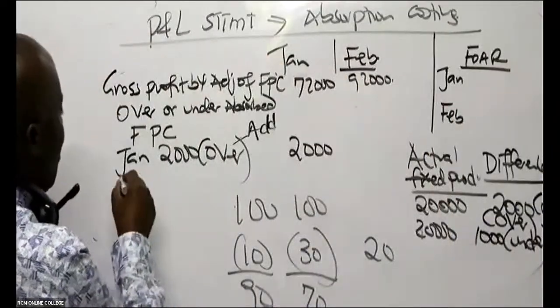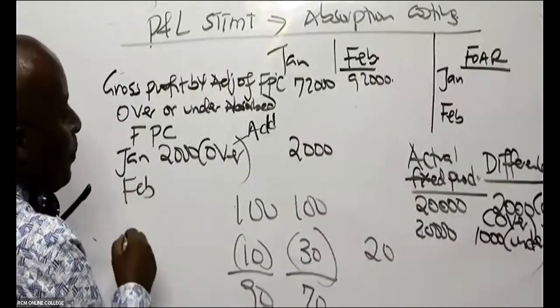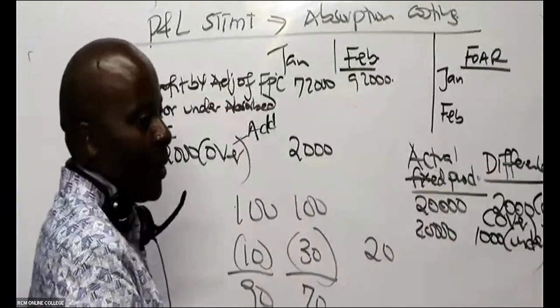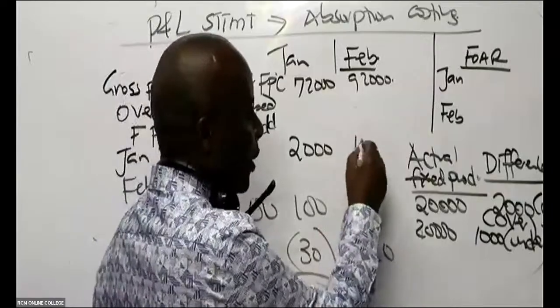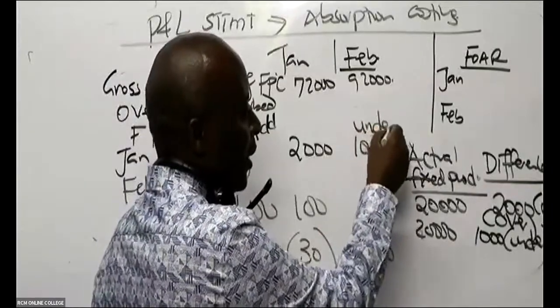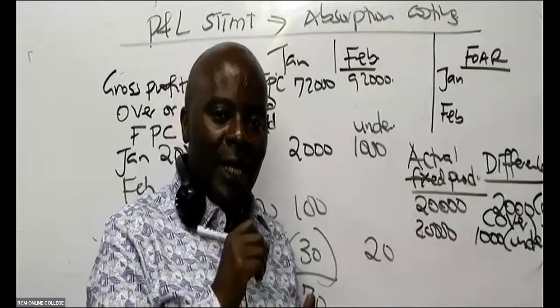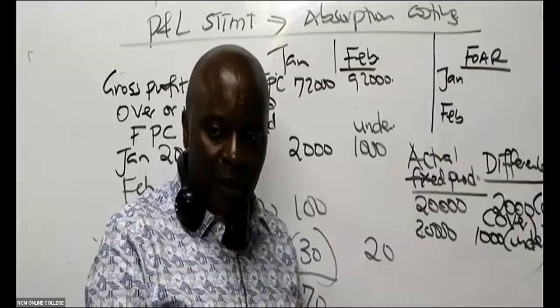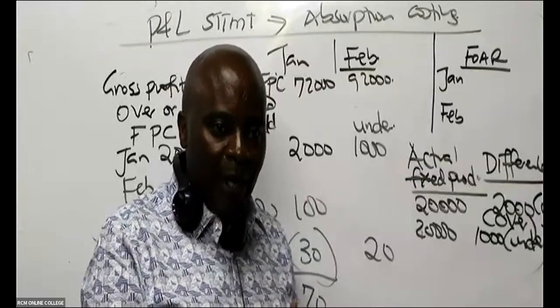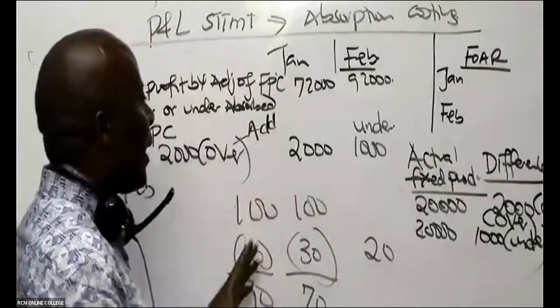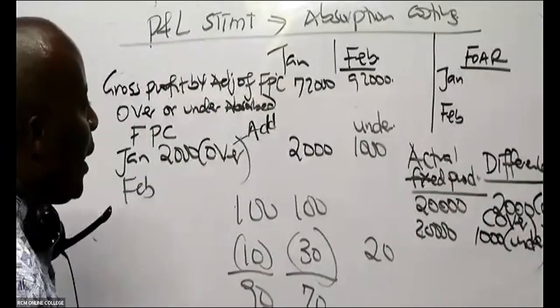And then now we have February. So February, how much? February is 1,000. And it is what here, somebody? It is under, isn't it? So whenever an expenditure is understated, what does that really mean here? Now, ladies and gentlemen, when it is under like this, what shall we do at the end of the day?